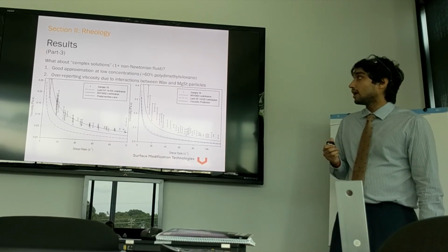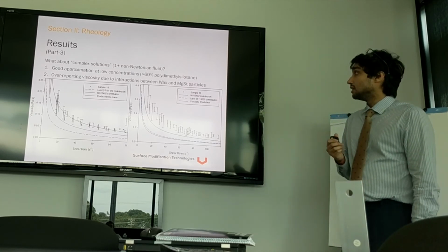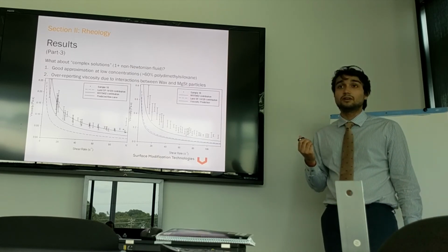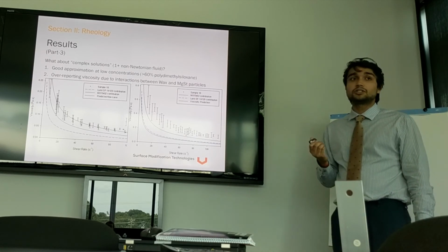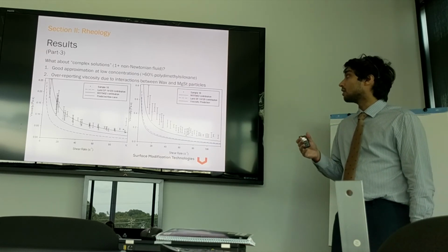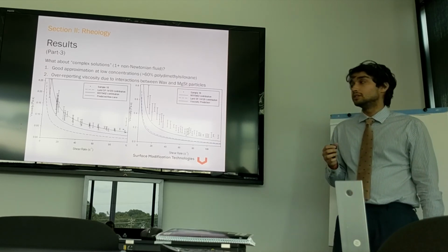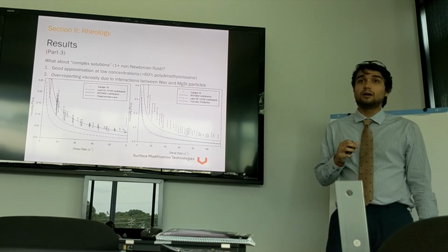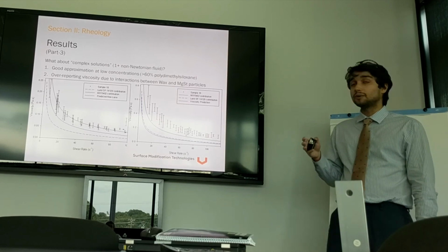We found that at low concentrations of the particle dispersals, our predicted viscosity of the complex mixture is a good approximation. And it's an approximation because as we increase the concentration of the non-Newtonian fluids, we start to see that our prediction is underestimating the viscosity at any given shear rate for the complex mixture.